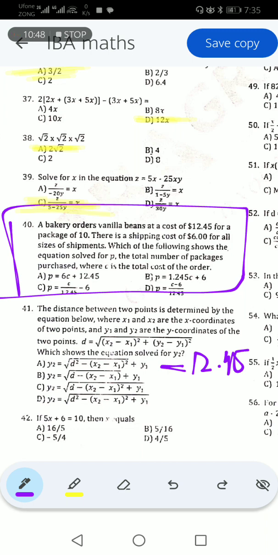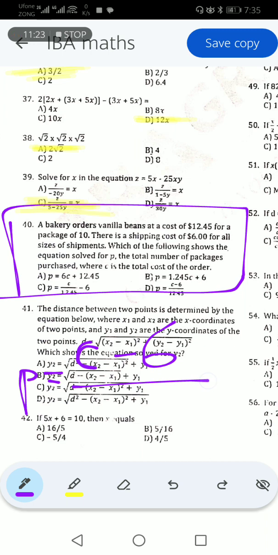Now here, keep that in mind. P is an equation, that's not appropriate data. We just have to give the P like this. Now here, keep in mind that C is the total cost, where the shipping cost is 6. That probably means the total cost minus the shipping cost. But another problem is that for the total cost of the vanilla beans, this amount will be divided by the cost of the vanilla beans being ordered.